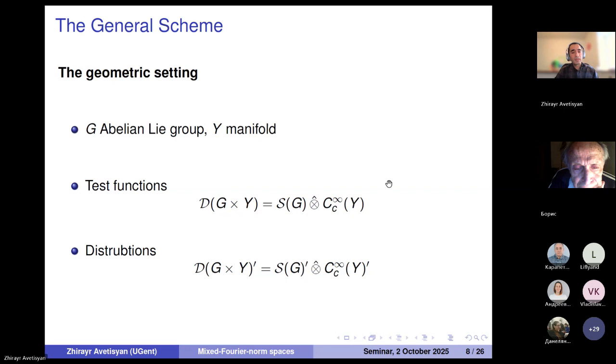Accordingly, the distributions are the dual space, the members of the dual space of this test function space, which can be again seen as a tensor product of tempered distributions on the group and the standard distributions on the manifold. But again, here we describe these semi-norms giving the topology of distributions again in explicit terms and everything. So it's written really in all details.